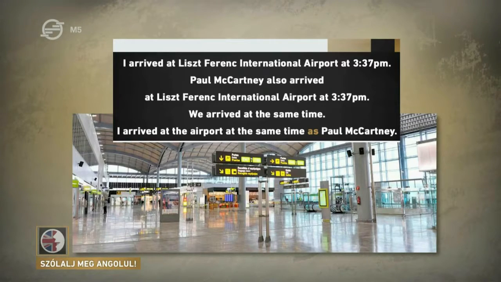For example, I arrived at Liszt Ferenc International Airport at 3:37 p.m. Paul McCartney also arrived at Liszt Ferenc International Airport at 3:37 p.m. This means that we arrived at the same time. And I can say this in another way.